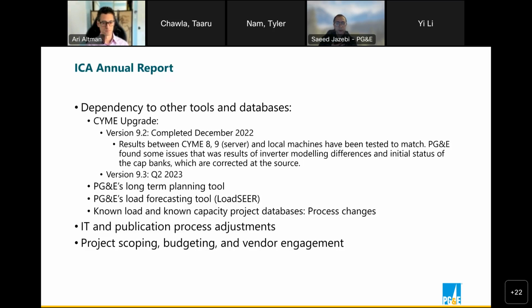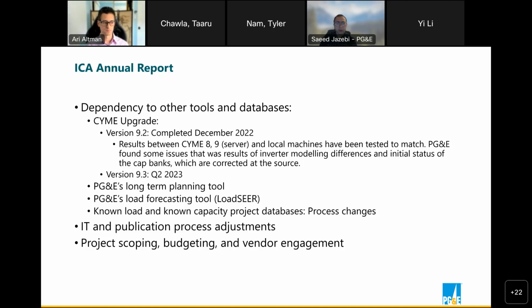We completed this in December. We needed to write an accurate test plan and started executing on it, to make sure our results match on our servers as well as our local machines and between different versions of SIME. If there were any differences, we could identify them and address them at the source. We did that and completed our SIME upgrade.